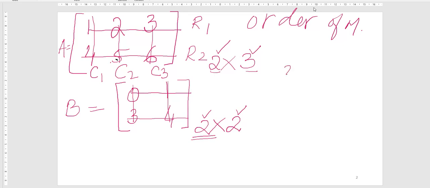You cannot write 3 by 2, because the first number represents the rows and there are only 2 rows. If you write 3 first, this is wrong. So for the order of a matrix, always write the rows first and then the columns.